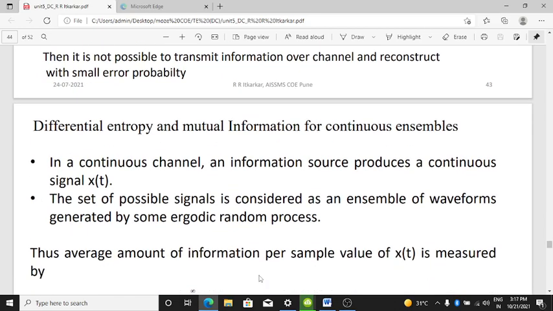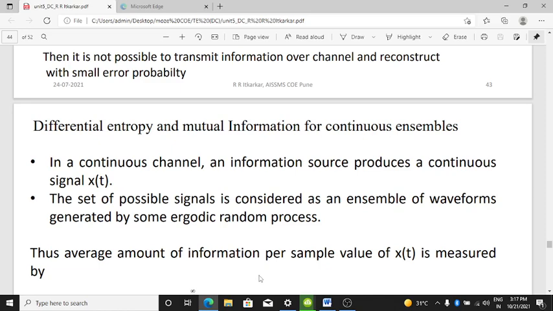Differential entropy and mutual information for continuous ensembles. In a continuous channel, an information source produces a continuous signal x of t. The set of possible signals is considered as an ensemble of waveforms generated by some ergodic random process.